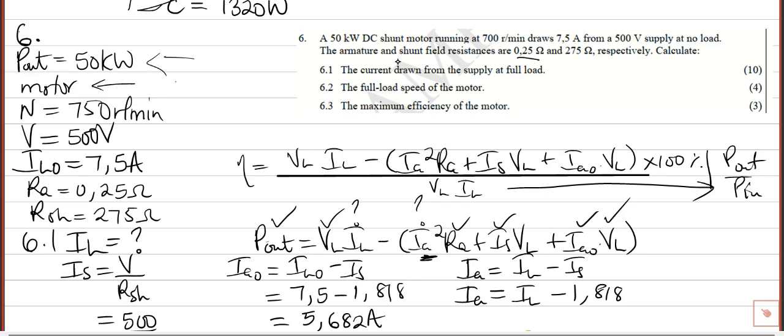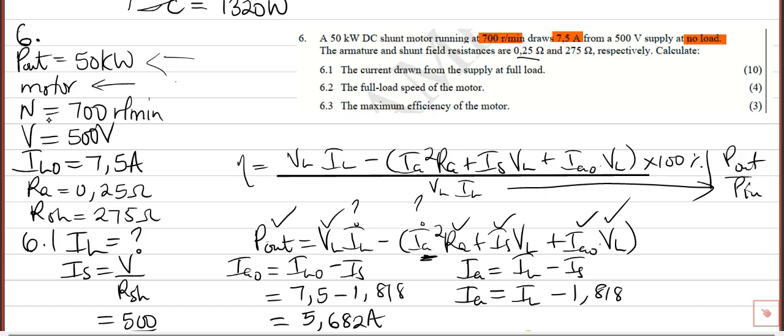In fact, this is not 750. This is 700. So they gave us this speed at 700 revolutions per minute. Draw 7,5 from a 500 supply at no load. So this and that was given to us at no load.